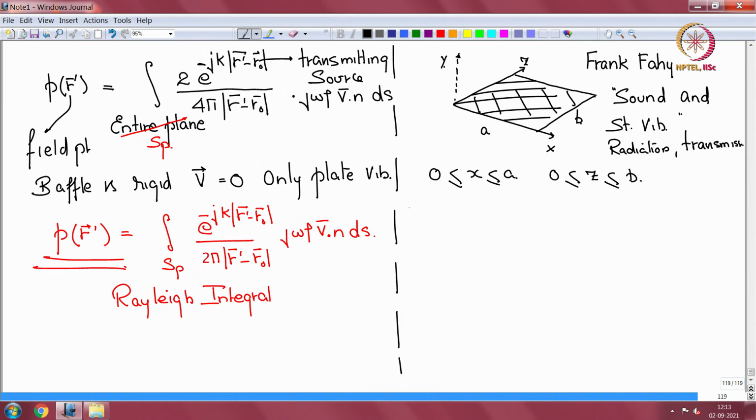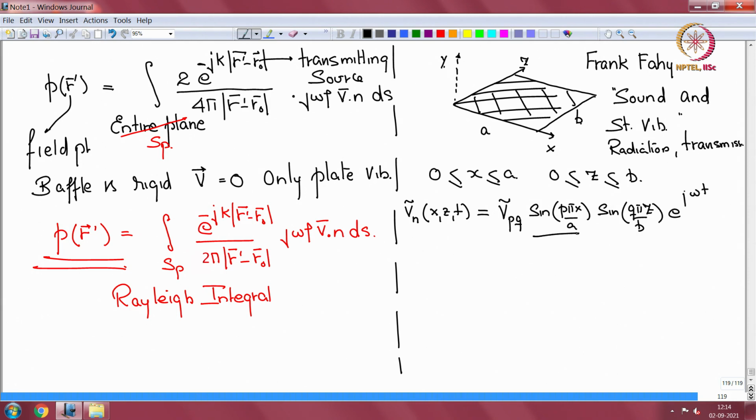And my panel velocity is given by v tilde pq sine p pi x by a sine q pi z by b e to the power of j omega t.